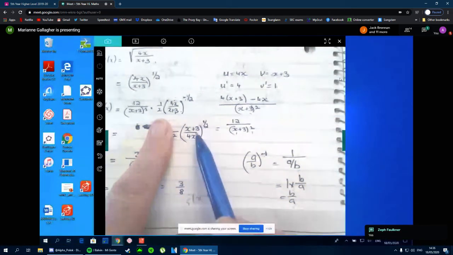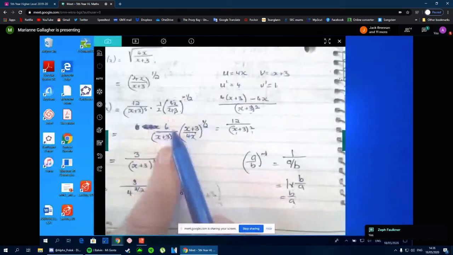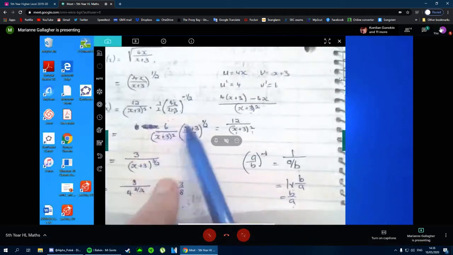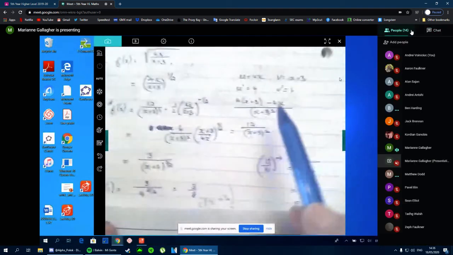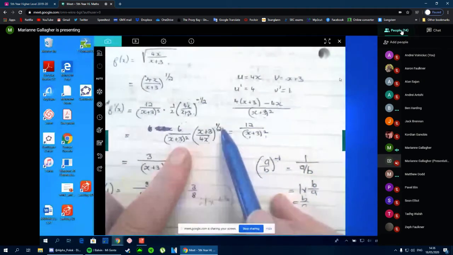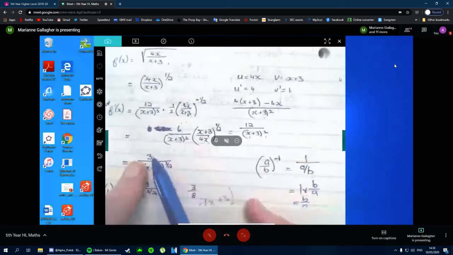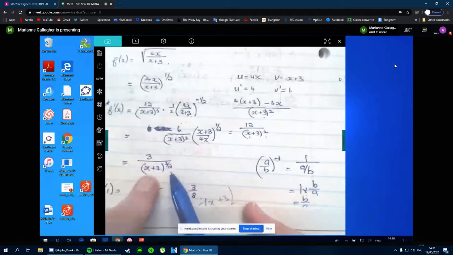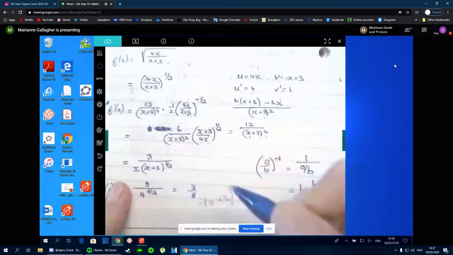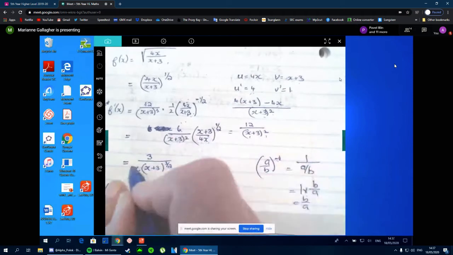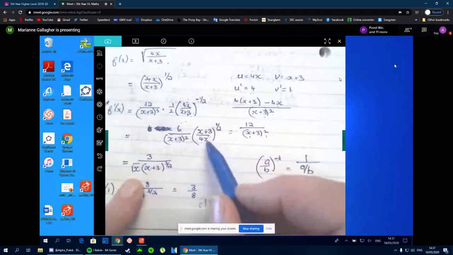Okay. And then 6 over 4. Sorry, 4 to the power of 1/2 is 2. And 6 over 2 is 3. You still have, actually that x should have been there. So you should have an x there as well. Sorry. X to the power of 1/2, that's root x. Okay.